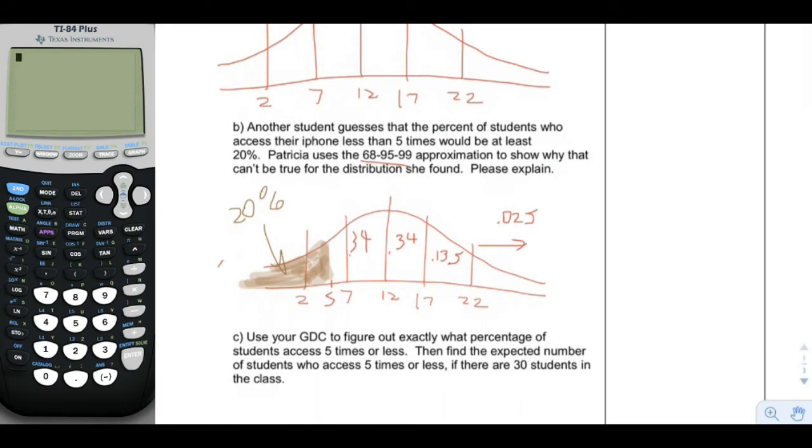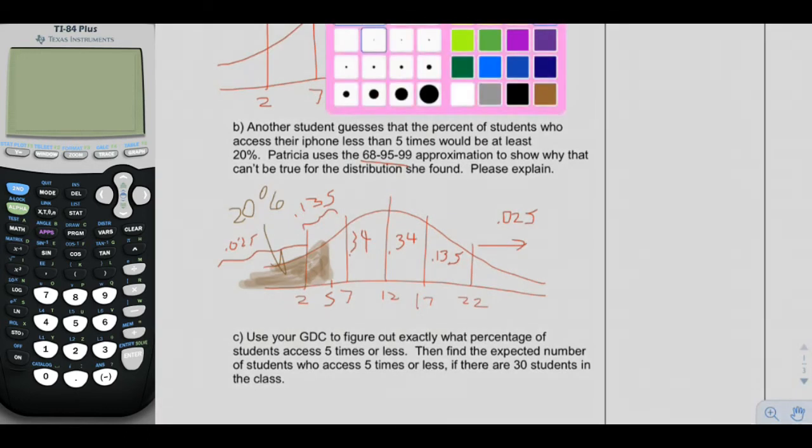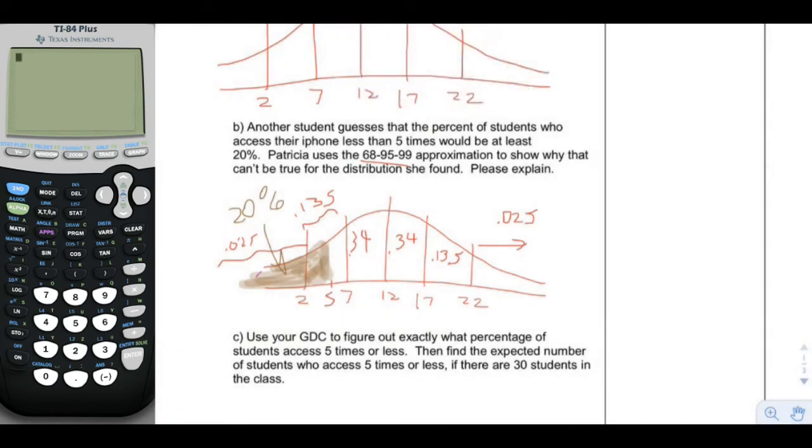Okay, so using that, can we figure out if 20% is a good estimation or not? We know that this area here is 0.025, and this area here is 0.135. Now, is that 0.2? No, actually 0.2 goes quite a bit further, doesn't it? 0.2 would not only cover this area and this area, that would add up to 16% so far, but also 4% of this area.